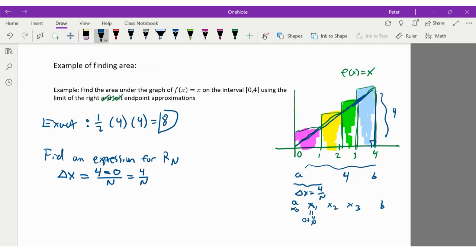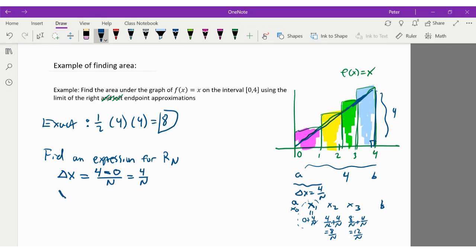In other words, it's just delta x to the right of that. x2 is going to be x1, which was 4 over n, plus another 4 over n, which equals 8 over n. x3 is going to be 8 over n plus 4 over n, equals 12 over n, etc. So you can see that in each case, x1 is 4 over n, x2 is 2 times 4 over n, x3 is 3 times 4 over n.